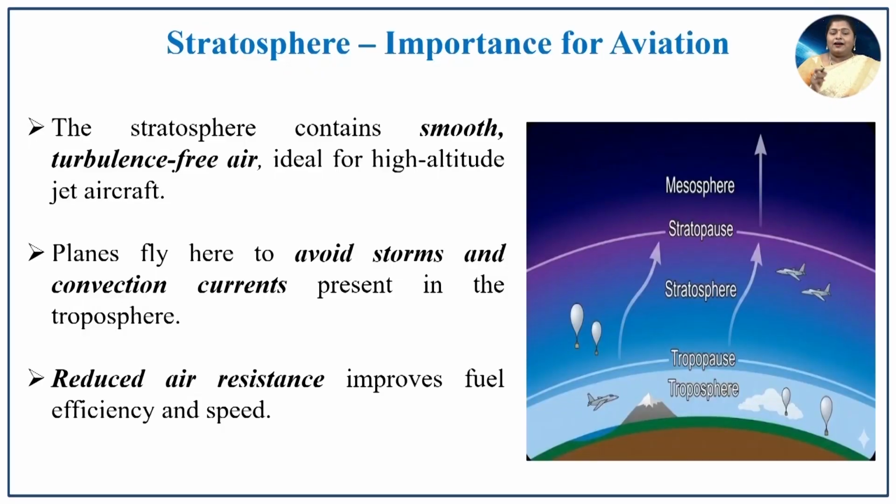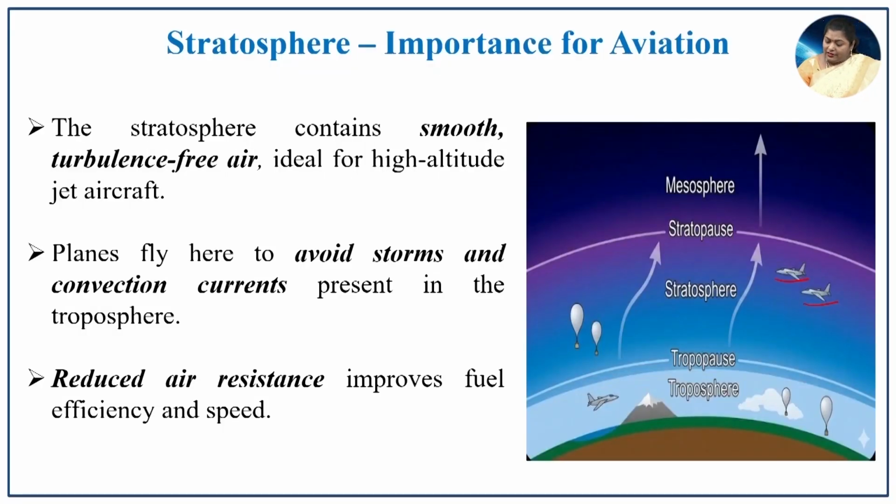The stratosphere consists of smooth, turbulence-free air. It is ideal for high altitude jet aircraft. Because of the smoothness of air in the stratosphere, it is very supportive for aircraft to fly in that particular zone. Planes fly here to avoid storms and convection currents, which are present in the troposphere.